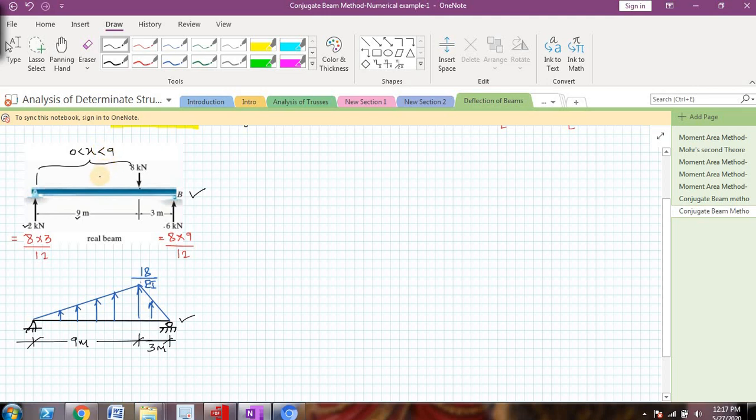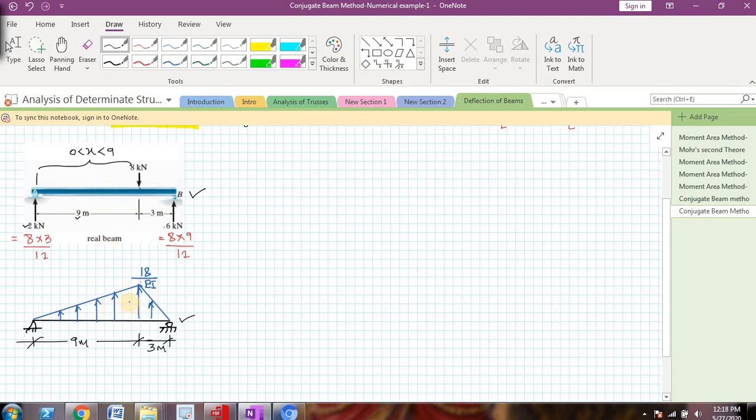It will lie only there. And also we know that whenever there is a maximum deflection, the slope should be 0 at that point, right? So for a maximum deflection, slope should be 0. So we need to find on the real beam where the slope becomes 0. And using theorem 1, to find the slope on the real beam, we need to find the shear on the conjugate beam.